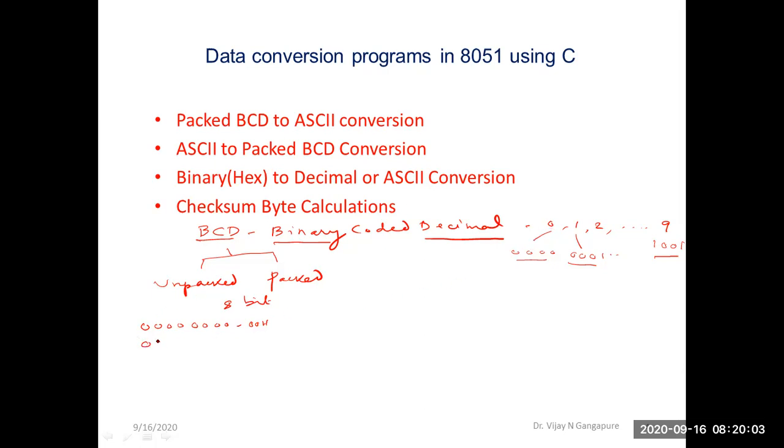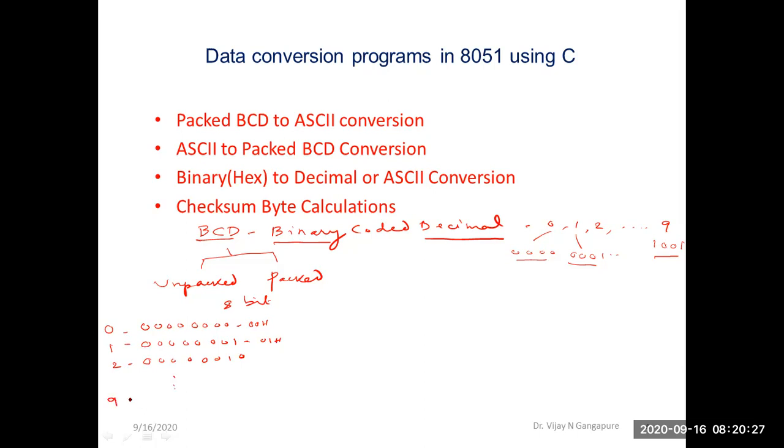Similarly, BCD number 1 can be represented as 0 0 0 0 0 0 0 1. In hex it is 01H. BCD number 2 can be represented as 00000010, and so on.